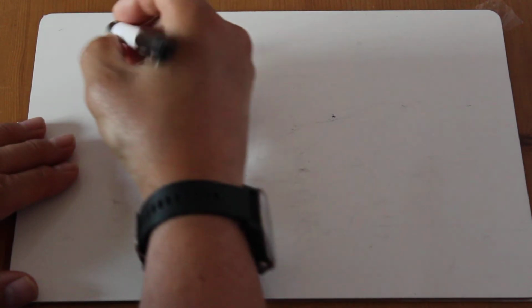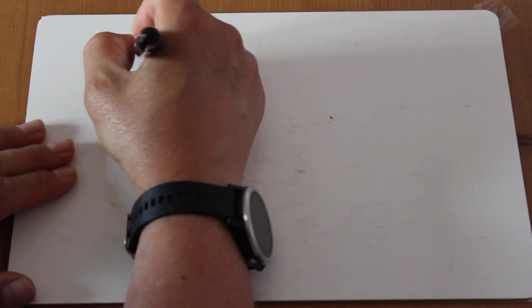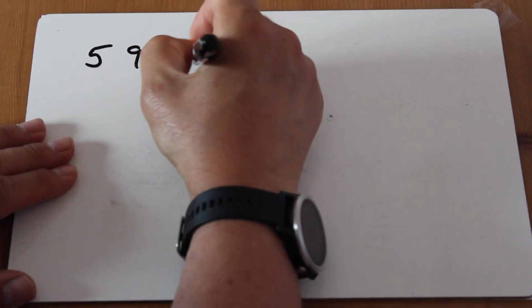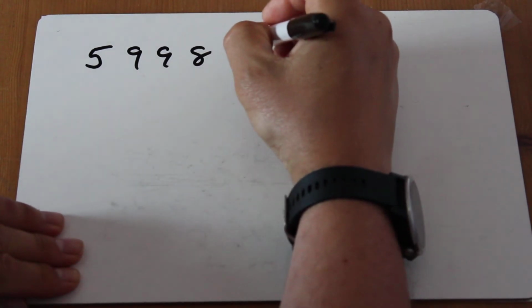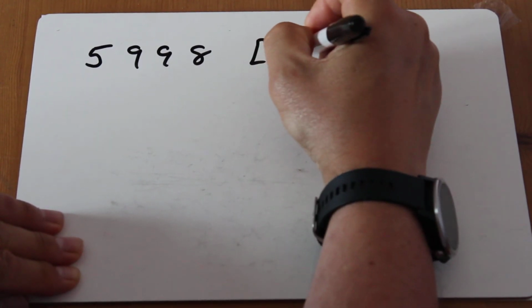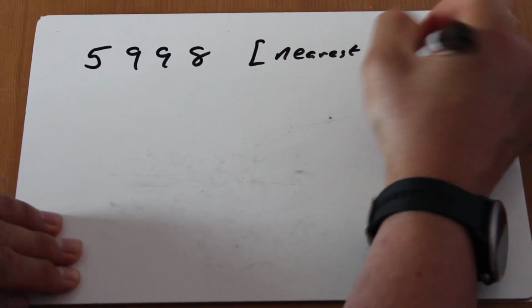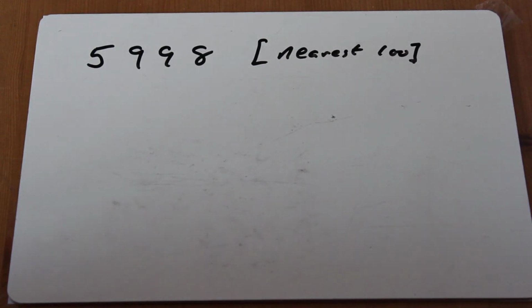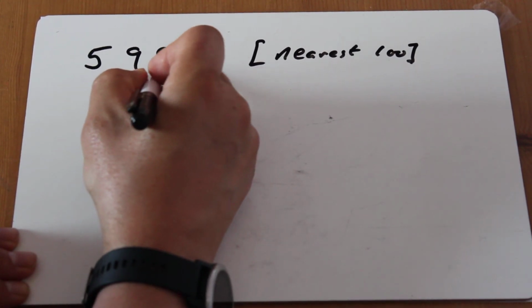Now, one final example, and that is when we have something like 5,998, and we want to write this to the nearest 100. Okay, so here we have a knock-on effect. So here's my hundreds number here, which means I need to look at my tens number.